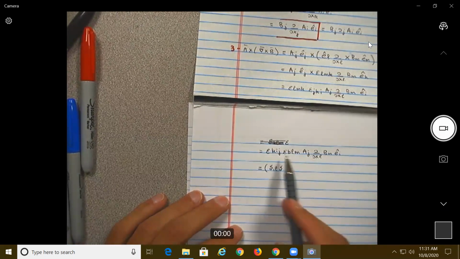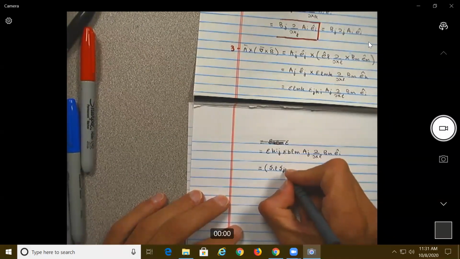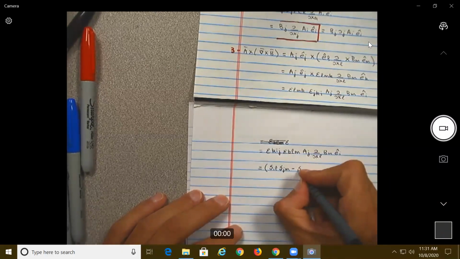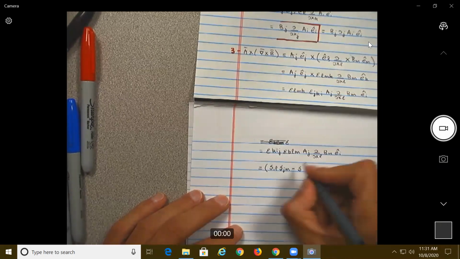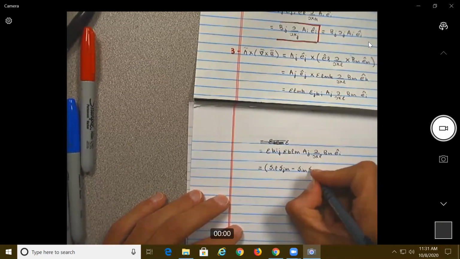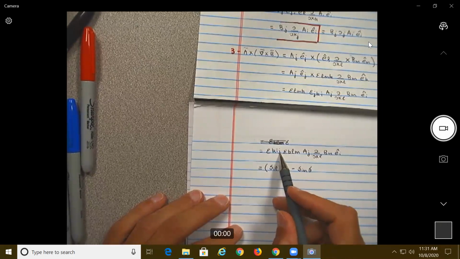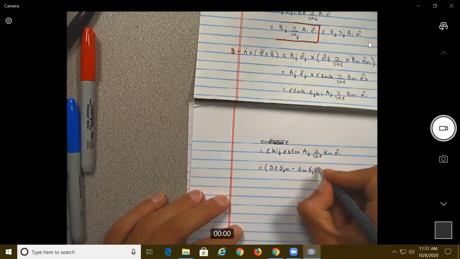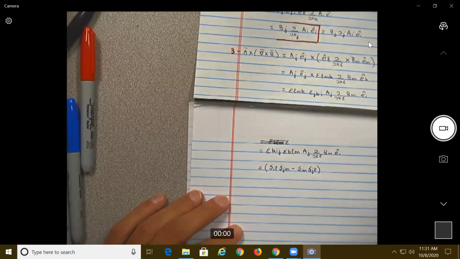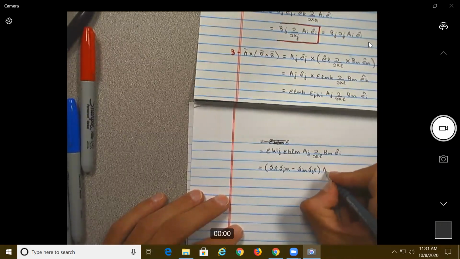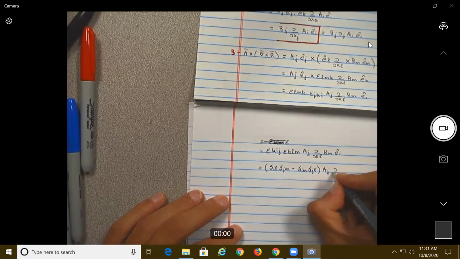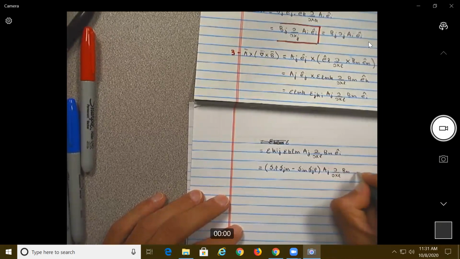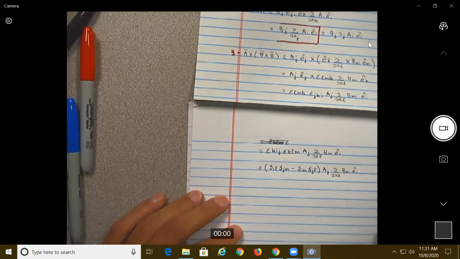So IL, and this will be Jm minus delta Im delta JL. Okay? And this will have the same thing, Aj partial XL B sub M E of I.